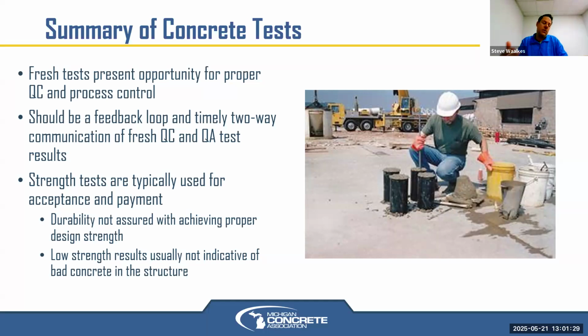And then QA can say, we did some fresh test results and you're giving us results on time, so therefore these are ours just for information only. QC tests are what we use for process control and adjustments, but informational tests and the flow of information is really what's key to partner together. So that's how we build quality concrete: partnering and communication with all those test results.